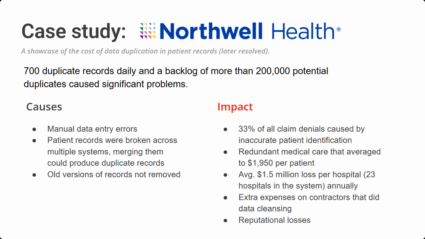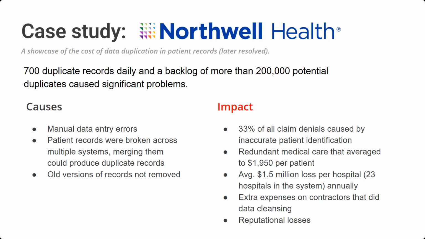Second, because they couldn't find patient records, sometimes they had to prescribe certain tests twice or maybe three times, simply because they didn't have records about previous test results. So redundant medical care and redundant tests cost on average almost $2,000 per patient, and they had thousands of patients.